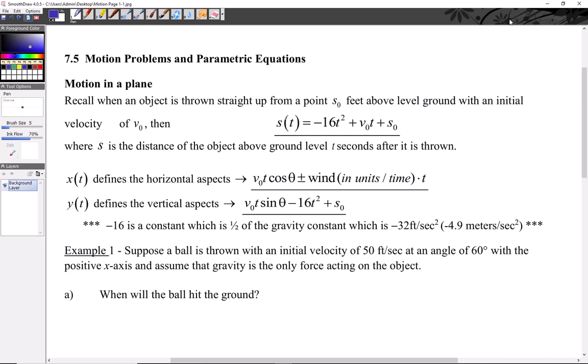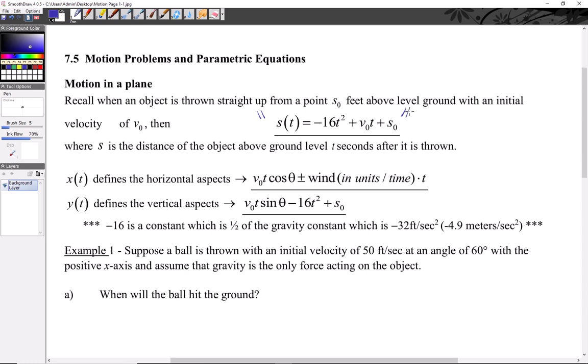So when we had problems in Algebra 1 with projectile motion, things like hitting a baseball, shooting a cannon, hitting a golf ball, we had a rectangular kind of situation that looks something like this up here.